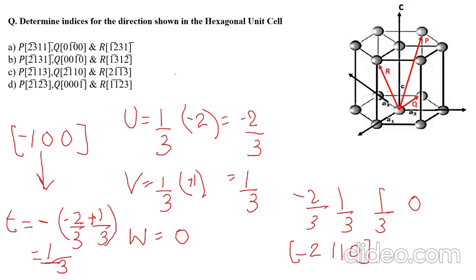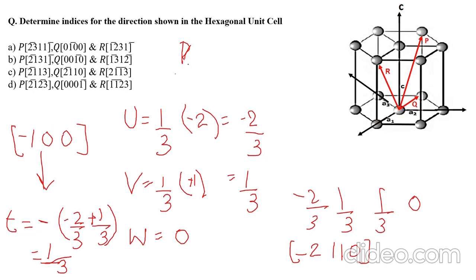This is just in the front face. It is not going to the back face. So remember, it is only in a single face of this cube. So it will be traveling 1 along a1, and there will be no translation along a2 and a3, and there will be one translation along c. So what will be the direction for R?